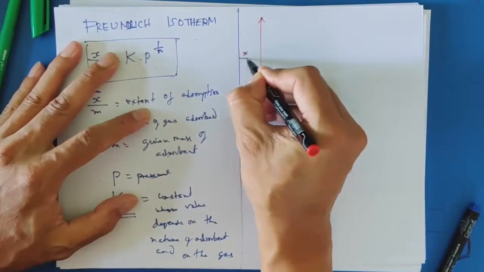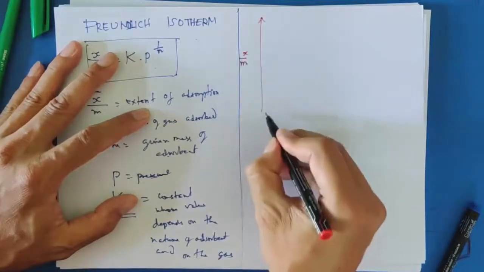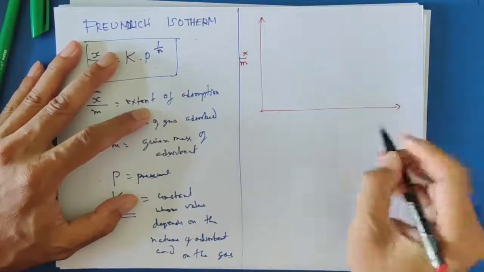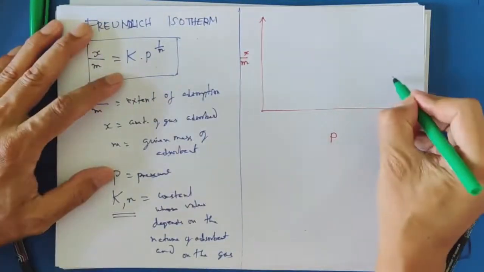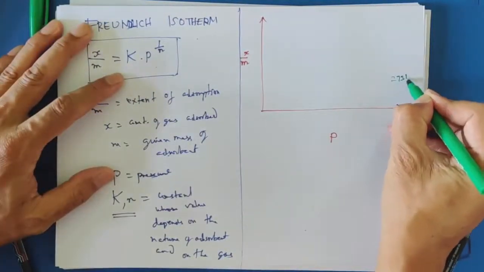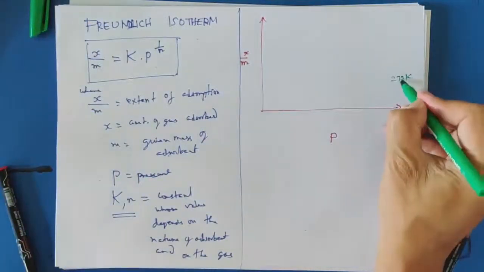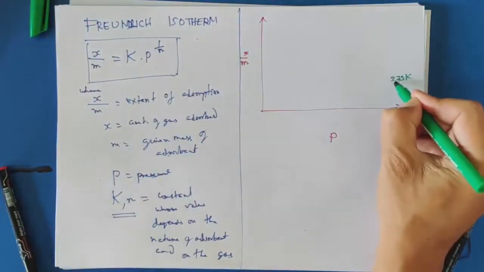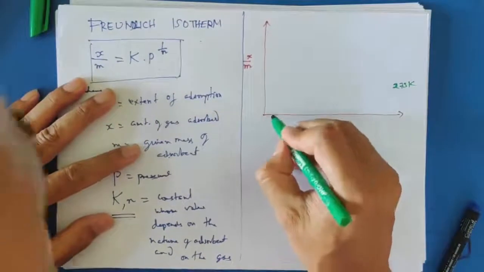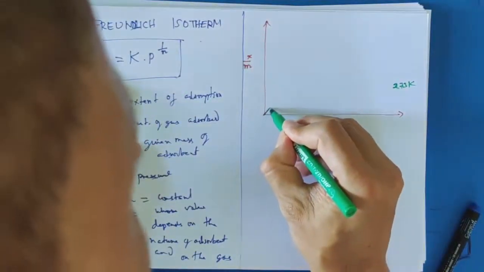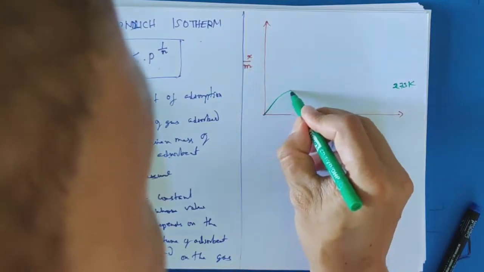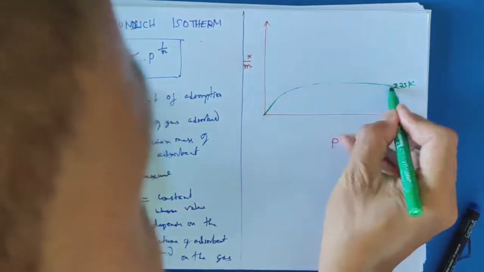The y-axis is x by m, the extent of adsorption, and the x-axis is pressure. Suppose the temperature is 273 Kelvin. At this temperature, how does the isotherm look? Initially linear, then it curves and becomes a straight line.